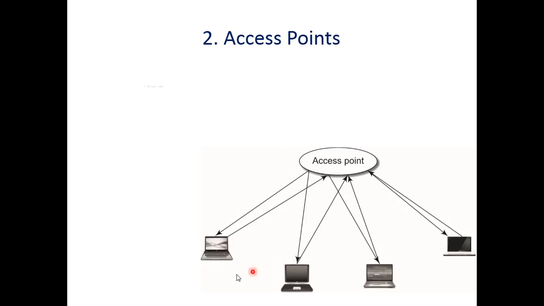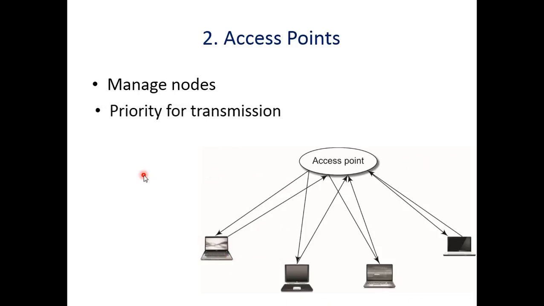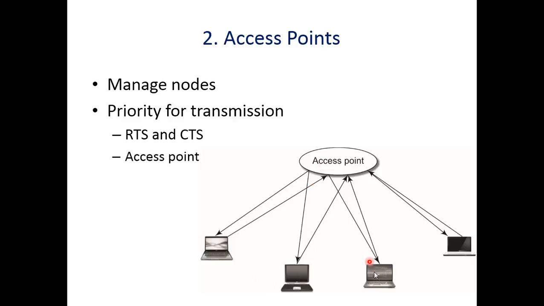Now access point. The function of the access point is to manage the nodes present in its network. Now how does it manage the nodes? It can set the priority of a particular computer, who will send the data to whom and when, and up to what time and up to what frequency also. So priority goes to such a node.